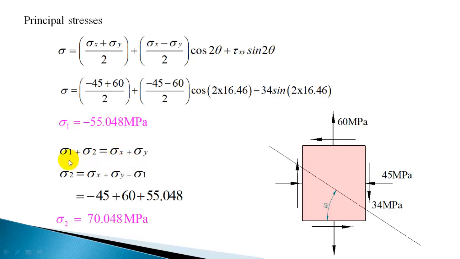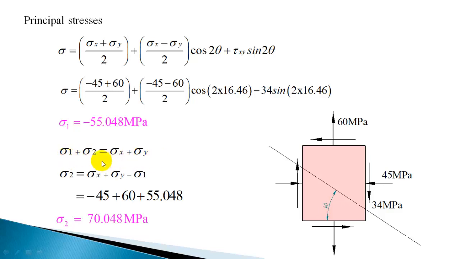We have proved that in one of the earlier classes. Since the principal planes are mutually perpendicular planes, the summation of the principal stresses is also equal to a constant, and that is equal to sigma x plus sigma y.